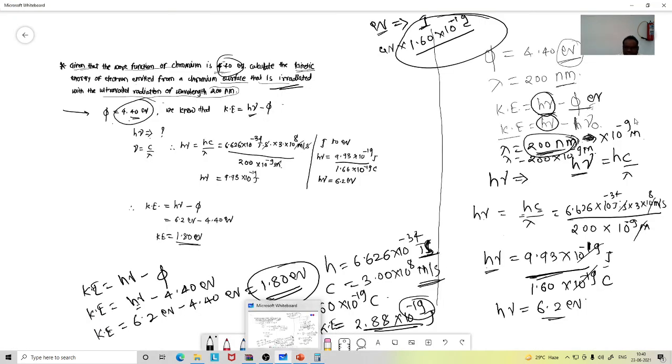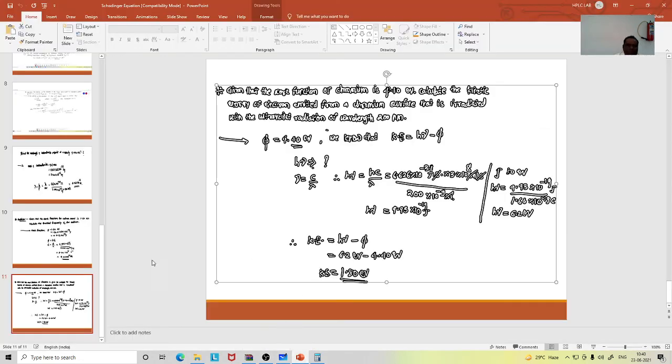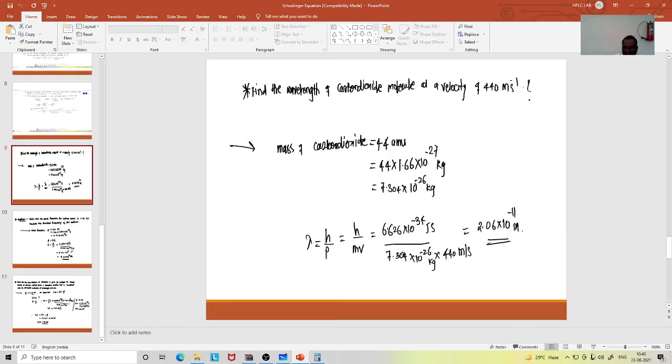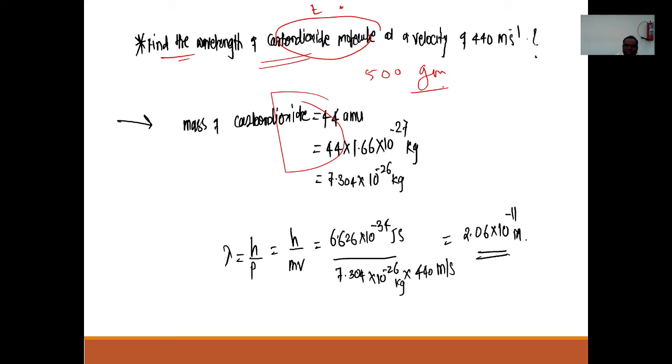Remember that the problem may be asked anything. Values may be converted into anything. We have seen three different problems. We have calculated the wavelength of the carbon dioxide molecule. In other case, instead of carbon dioxide molecule, they may take the tennis ball and mass will be given, suppose 500 gram. So this gram is converted into the kilogram, SI unit.